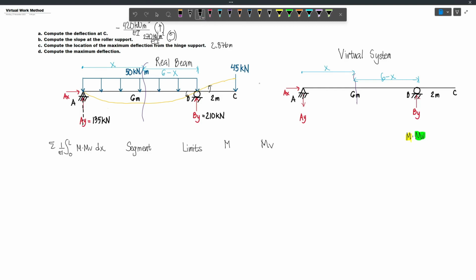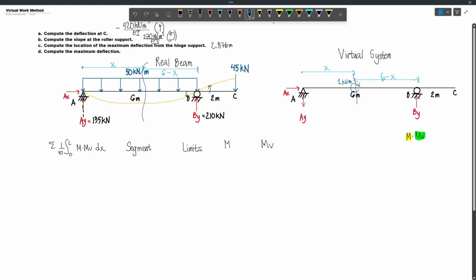Again, let's review the concept na kung saan 0 yung slope, dyan magmamax yung deflection natin. And so, what we are trying to compute here is the location at which the slope is 0. And so what we will do is we will apply a unit moment dito sa virtual system natin. Let's just say dito, 1 kNm. Now we are applying this here because we still don't know the location of x at which the slope will be 0.